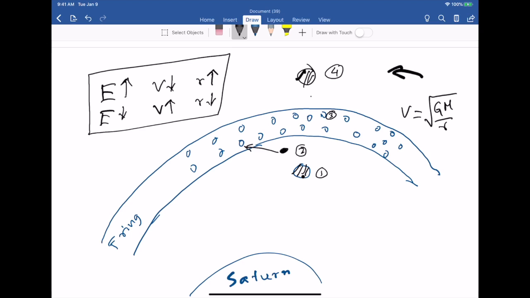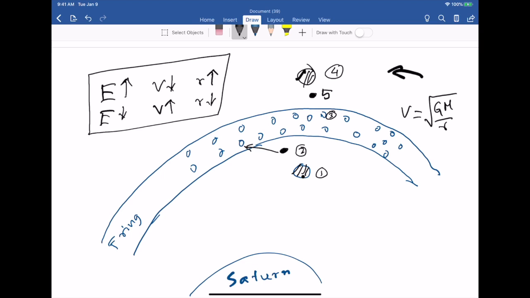So suppose a particle, let's call that 5, gets out of the ring on the outer part of the ring, right? So now 5 would be moving slower than the ring particles because it's got a larger radius, but faster than the outer shepherd moon, which is number 4, right?